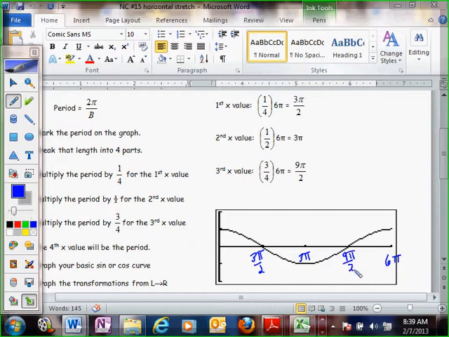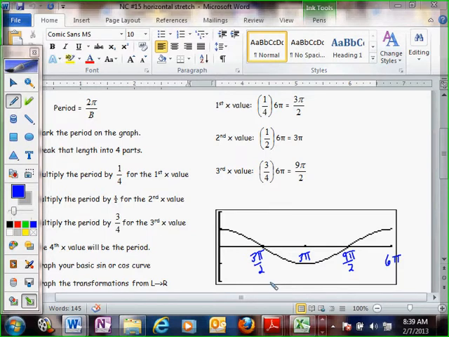Now, it's very important that we get these values because remember, we're not just going to be dealing with problems that just have a horizontal shrink or stretch. We're going to be dealing with some sine and cosine curves that have a horizontal shrink and stretch. They might be reflected in the x-axis. They might also have a vertical shrink or stretch. They might also have a horizontal or a vertical shift left, right, up, or down.